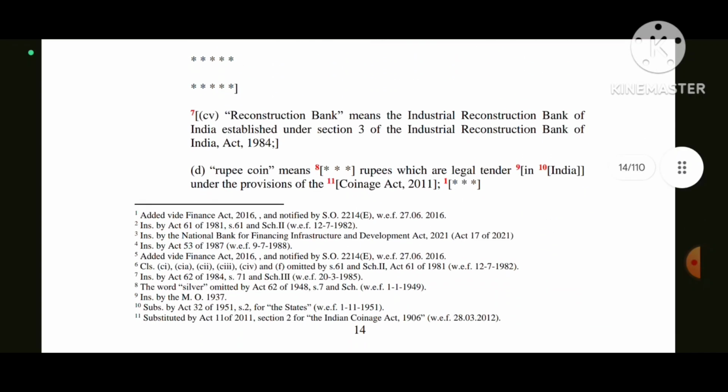Next clause is C5, Reconstruction Bank, means Industrial Reconstruction Bank of India established under section 3 of the Industrial Reconstruction Bank of India Act 1984. Clause D, Rupee coin, means rupees which are legal tender in India under the provision of the Coinage Act 2011.